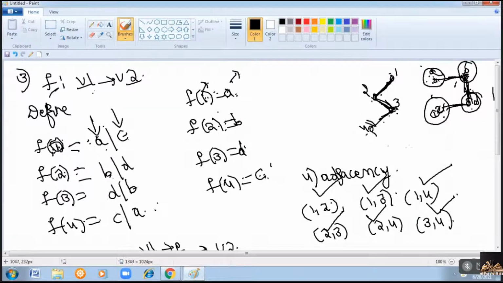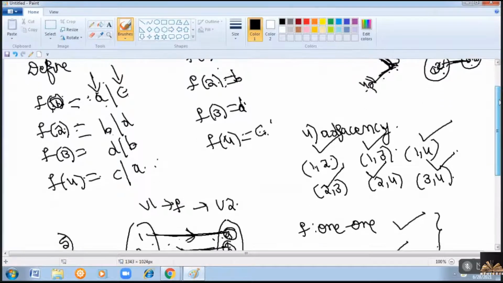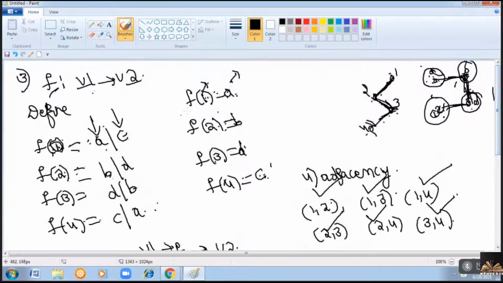Once you have defined the function, you need to check whether the adjacency is preserved or not, right? Here you can consider any of these two combinations. If I have considered this combination, then you need to check that the adjacency is preserved. So 1, 2, 1, 3, 1, 4, 2, 3, 2, 4 and 3, 4 you have to check, right?